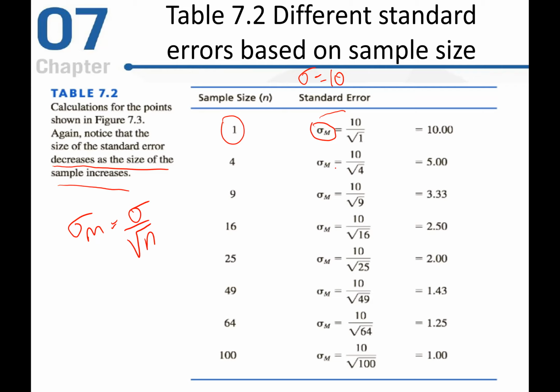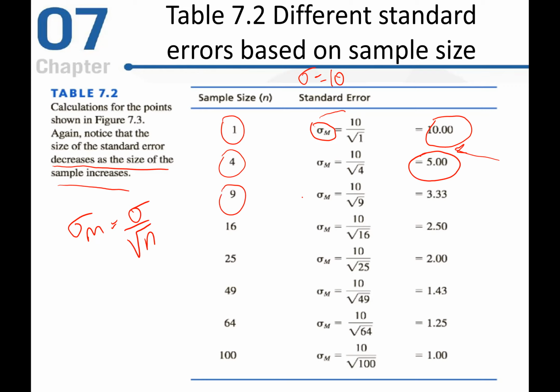So that's 10 over the square root of 1, which gives us 10. The standard error is 10. But now let's say we increase the sample size to 4. Well, 10 over the square root of 4 is 5, right? So just going up in sample size by 3 halves it. The standard error went from 10 all the way to 5.